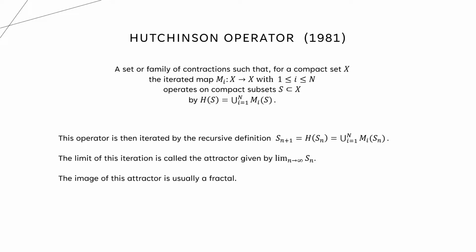subsets, but this is where we came down into that whole intersection of those unions when we talked about Cantor. The limit of this iteration is what we're going to call the attractor.